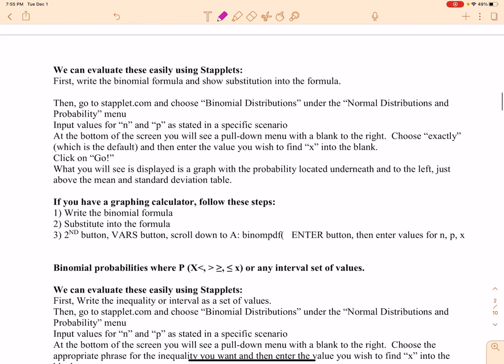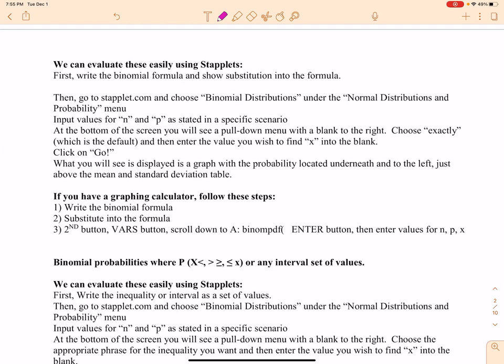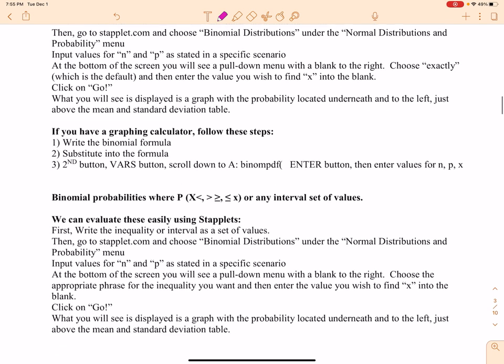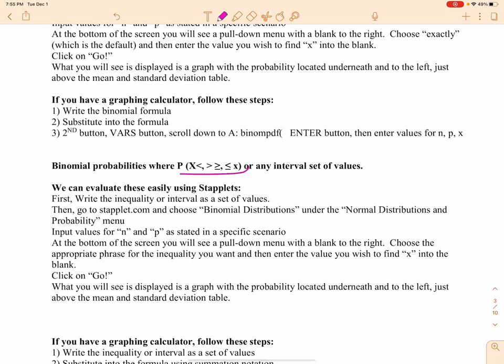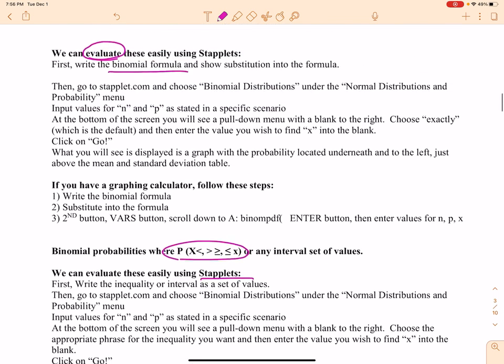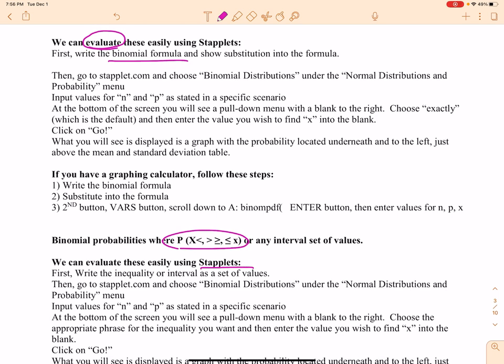Can we use Statlet to evaluate in a binomial distribution? Absolutely. Here are the directions right here for equality, and then the binomial probabilities for inequalities can also be found in Statlet. So I've got several bits of information here for you.